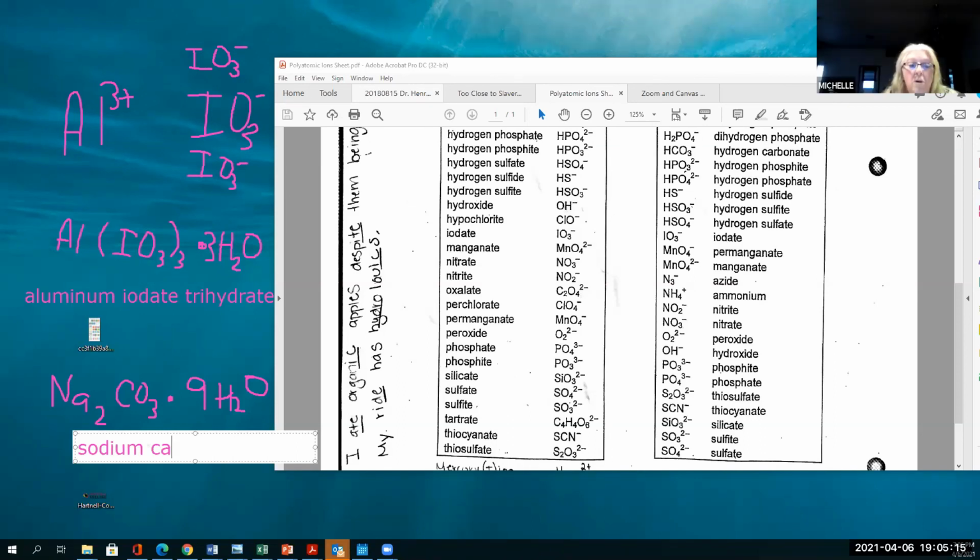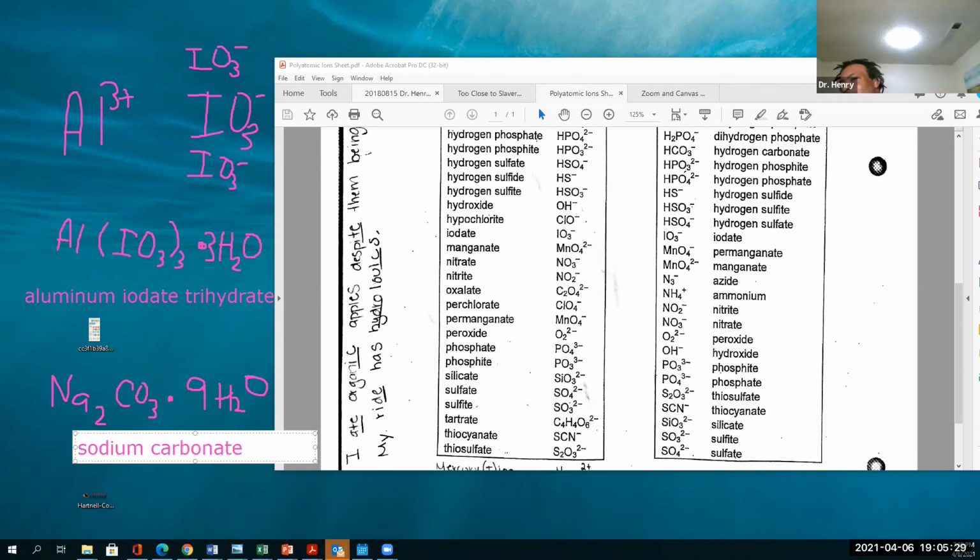Carbon monoxide? Carbonate. Sodium carbonate, and what was that? Nonahydrate. Yes.